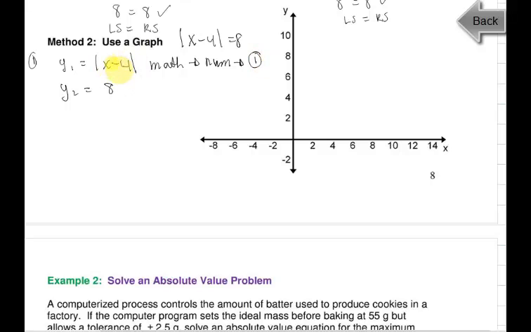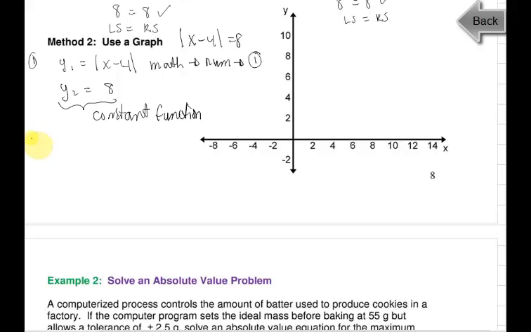And that will give you the absolute value. When we have y2 equals 8, that means we have a constant function. That just means that y will always be 8. It actually makes it easy to graph this.